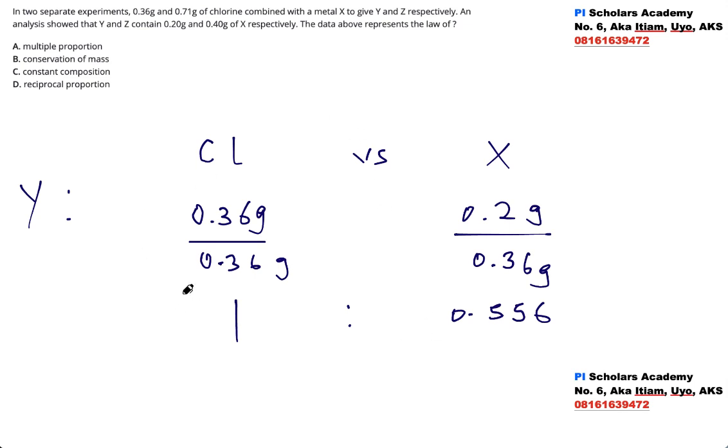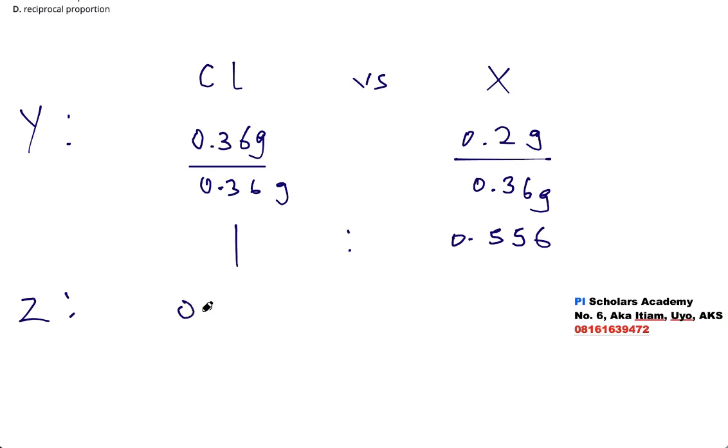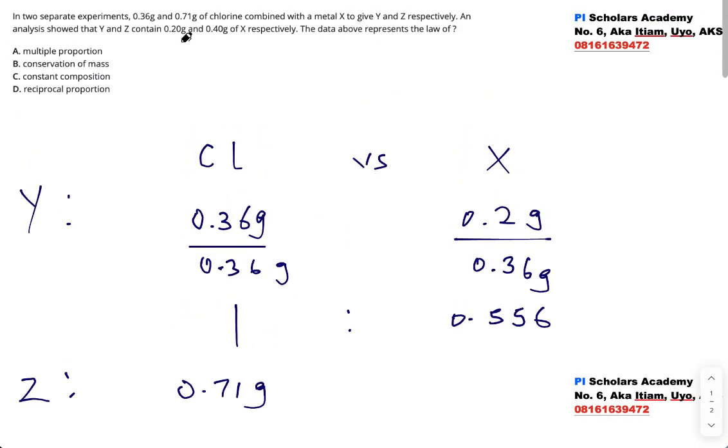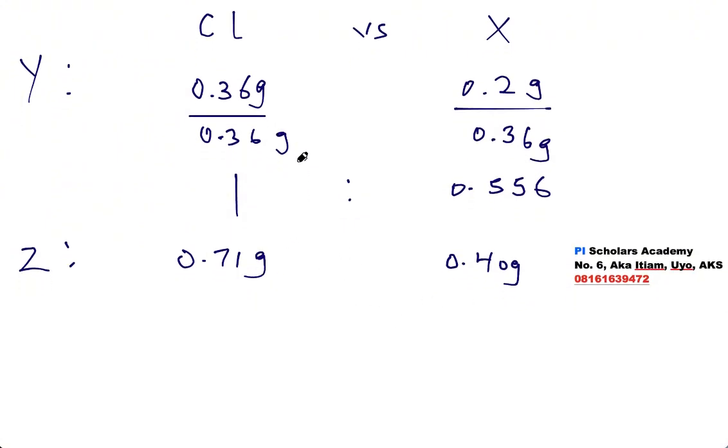Now, we will go to Z. Let's identify the masses. So 0.36 was for Y. That means that 0.71 gram will be for Z. And then for X, the mass of X will be 0.40 grams. Now, this is where you need to be very, very careful.